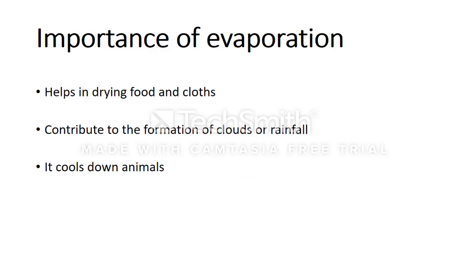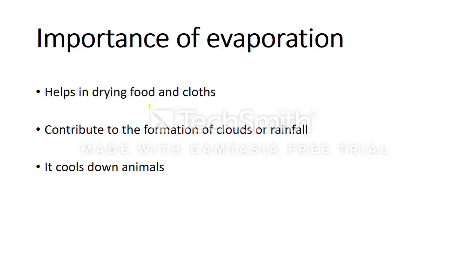Importance of evaporation. We know all living things need this process. Animals, human beings need this process. More especially as human beings, without this process, we can't do important things.